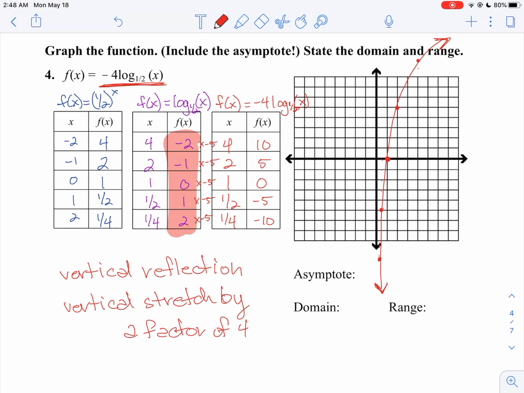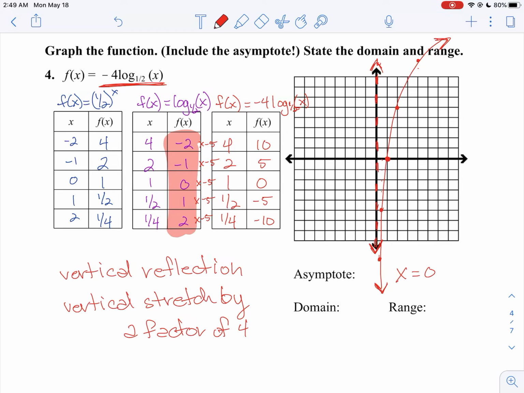There was no horizontal translation. Then my asymptote is going to be right here on the y-axis, which is the equation x equals 0. X equals 0 is the equation of the y-axis, and that's where our asymptote is.